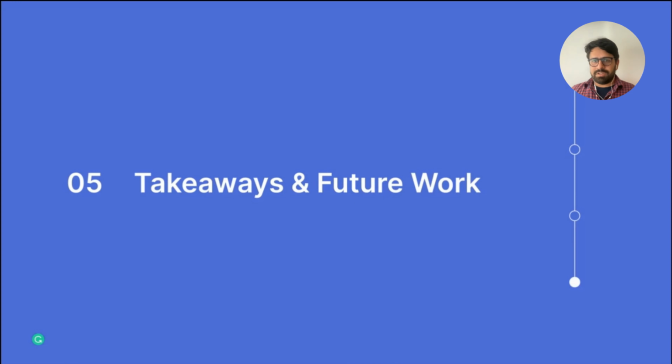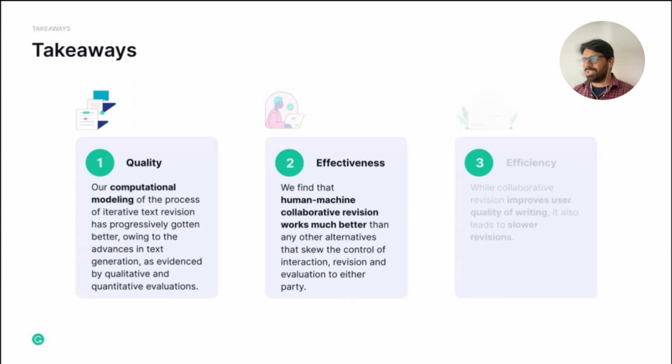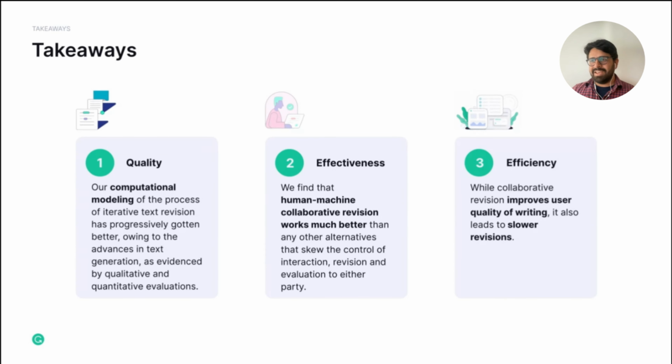Speaking of future work, to sum up, our proposed systems demonstrate improvements in quality, effectiveness, and efficiency of writing assistance. Our computational modeling of this process of iterative revision has progressively gotten better thanks to the advances in text generation, thanks to large language models, which is evidenced by both qualitative and quantitative evaluations.